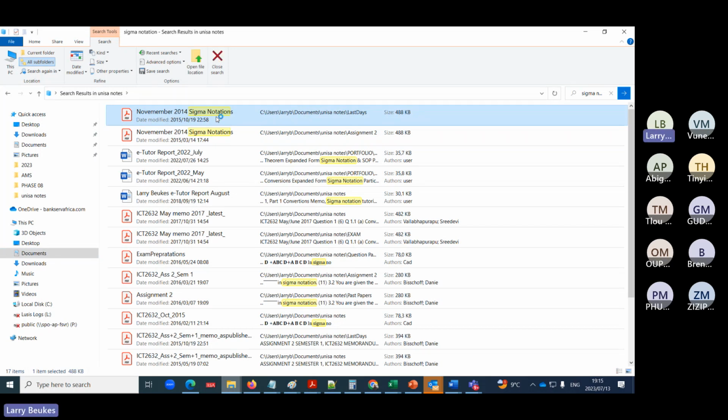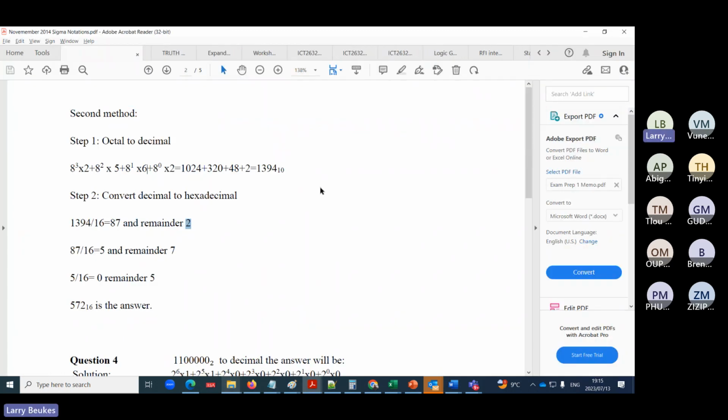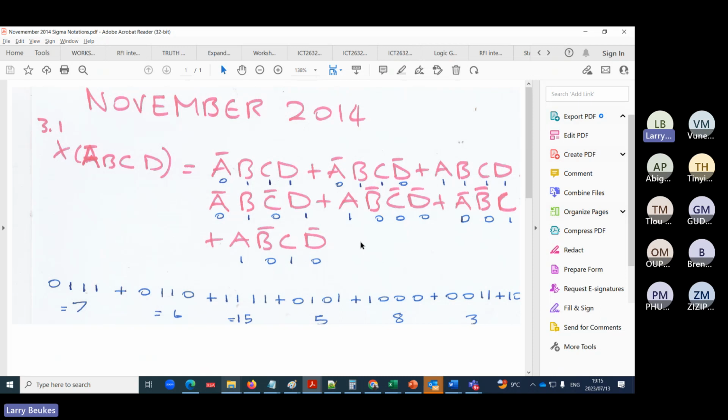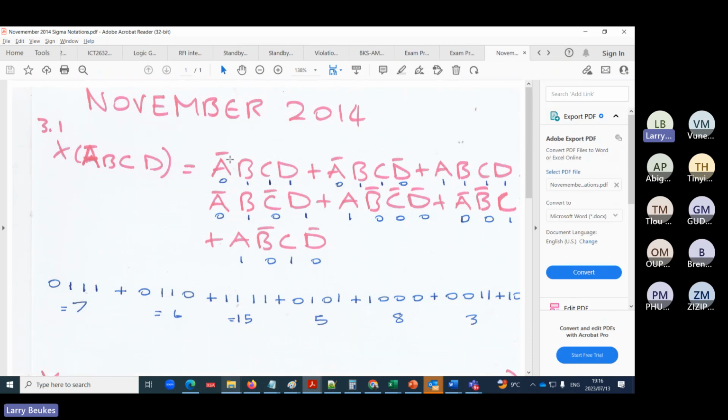This is just to remind you guys, I'm not going to touch everything. Remember with sigma notation, I said if it's like this, it's low, a 0. And a 1 is high, right?